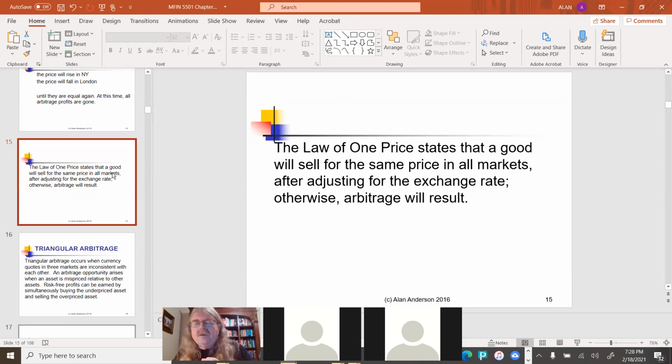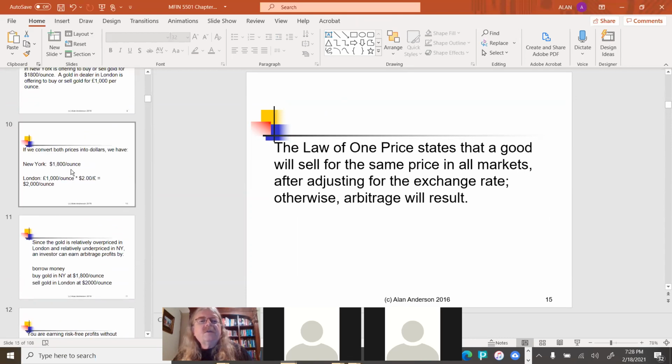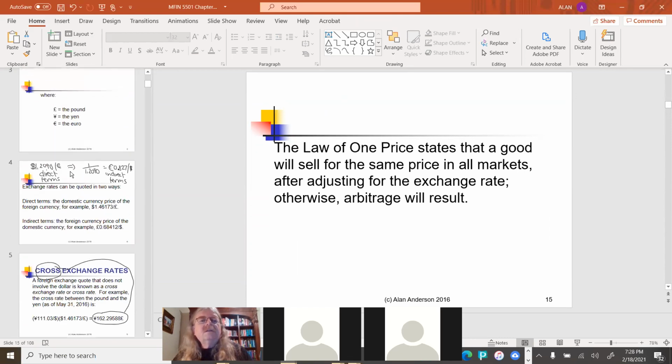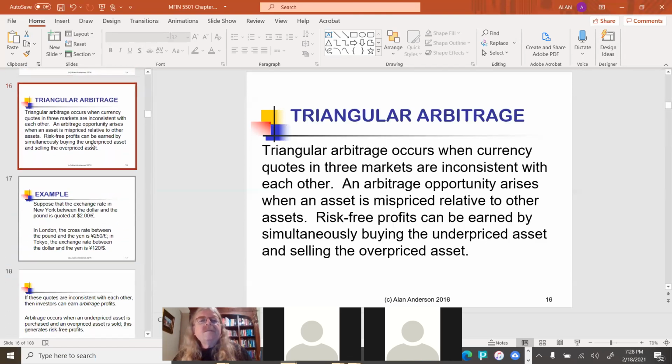Okay, so now that we've had a quick introduction to arbitrage in general, we're going to look at a specific kind of arbitrage, which involves cross-exchange rates. So let's look at how arbitrage could potentially arise with cross-exchange rates.